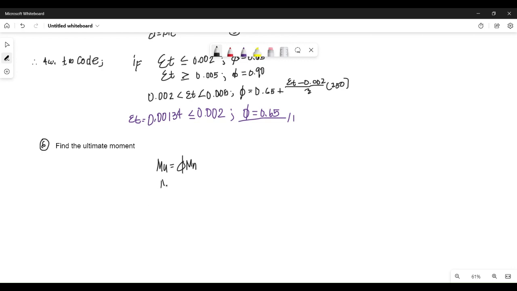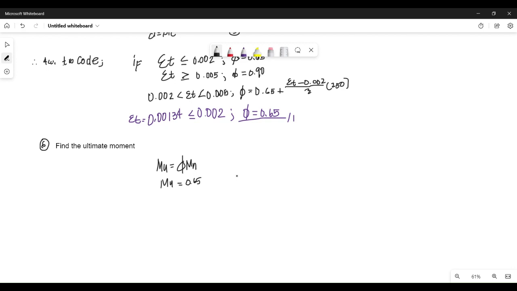Your Mu here is equal to our phi here. Ano yung phi natin dito? Kanina, ang phi natin is 0.65. Hanapin natin yung Mn. Ano yung Mn natin dito?